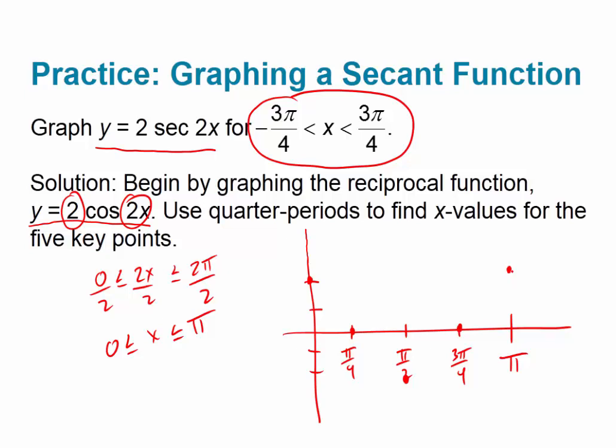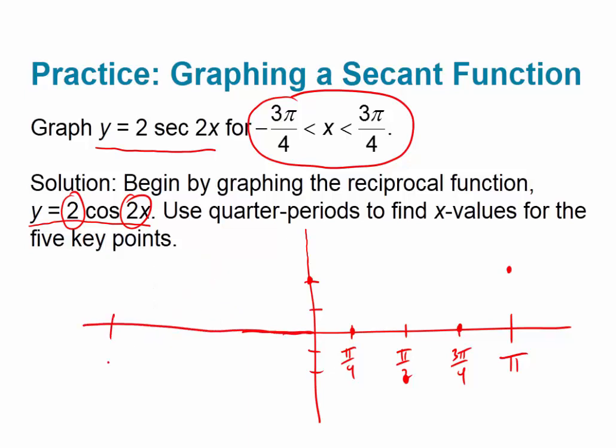Now they wanted us to keep going here. So we're supposed to go from -3 pi over 4 to +3 pi over 4. So I'm going to continue my graph going this way. I'll just go over here from pi, split that in half. And then the same values are just going to be negative over here now.